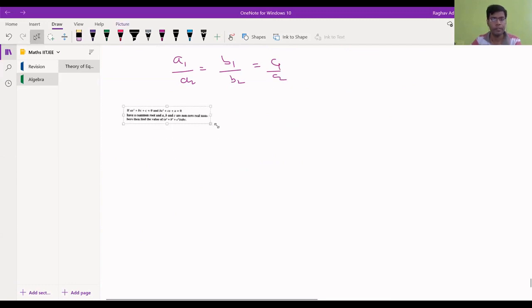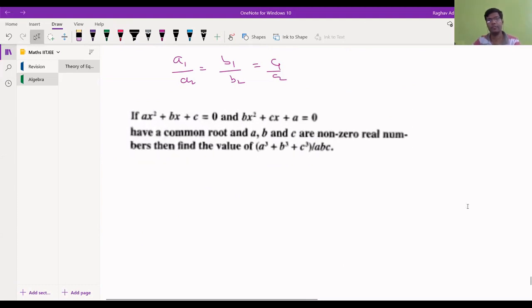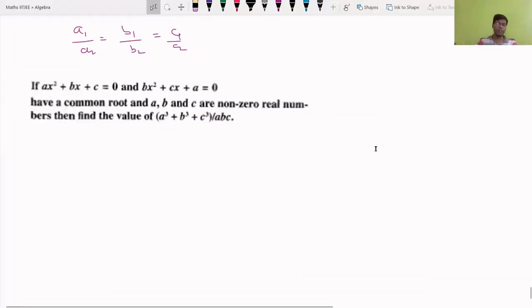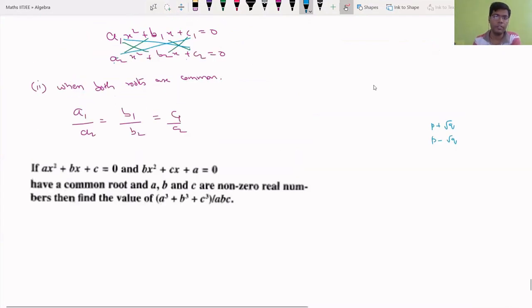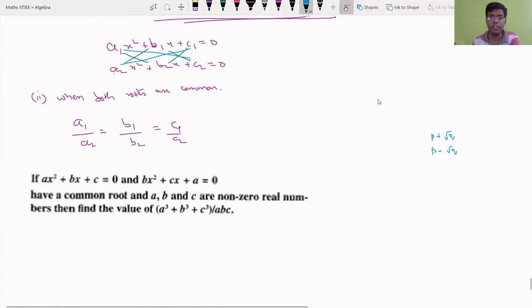And here again we have to remember, we have discussed that if we have roots as irrational, if one of the roots is of the form p plus under root q, then other root will surely be p minus under root q. So if in questions, sometimes he says that the two equations have a common root, that is p plus under root q form, then we have to understand that surely the other root also will be common.